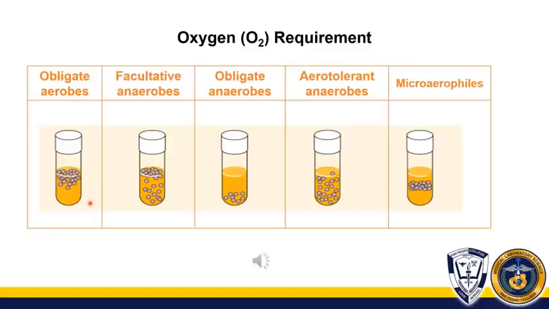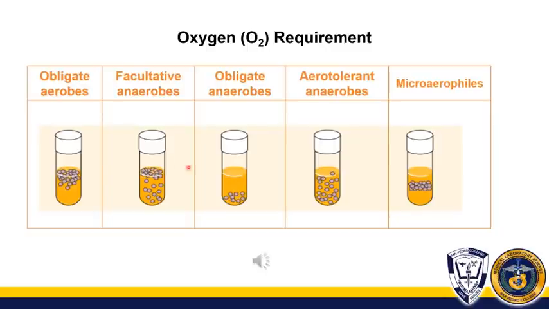If they are obligate aerobes, turbidity or signs of growth will appear at the surface level, the topmost level of the broth medium, while for the facultative anaerobes, you see a homogeneous turbidity in the medium.